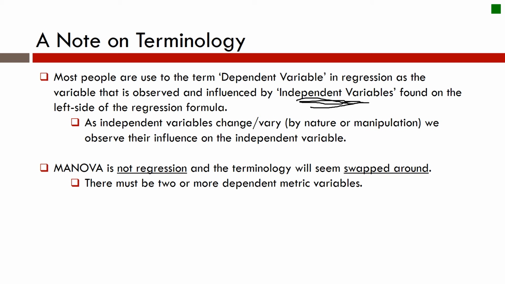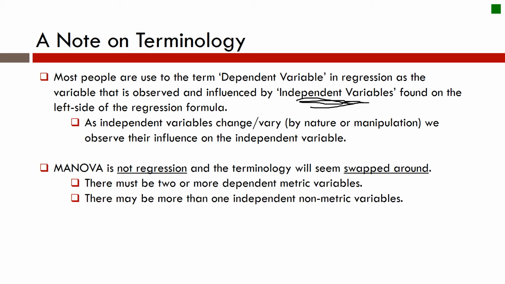Keep in mind there are some other idiosyncrasies. In a MANOVA there must be two or more dependent metric variables. If we don't have two or more, then it would be an ANOVA in that particular case. There don't have to be more than one independent or non-metric variable.